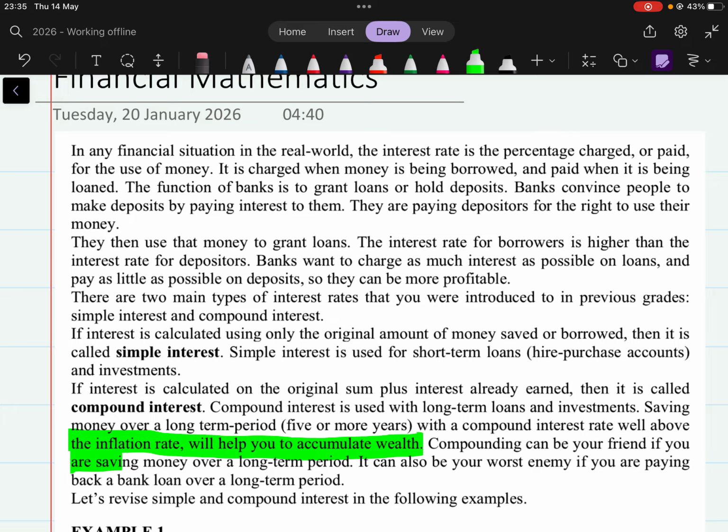For those who want to at some point walk in the footsteps of rich people, they need to understand how this works. If you are saving money over a long period, 5 years or more, with a compound interest rate well above inflation, that will help you to accumulate wealth.